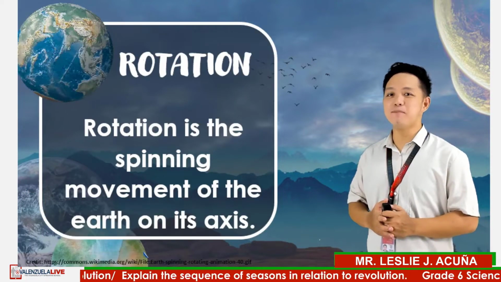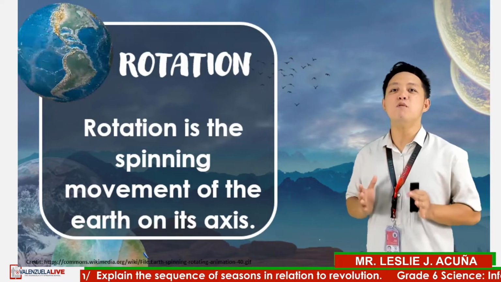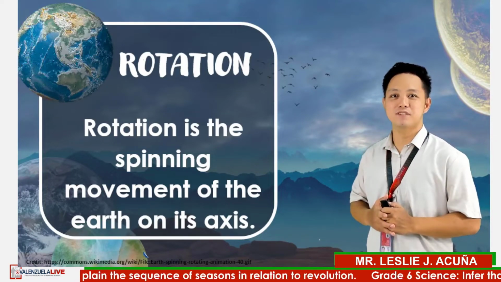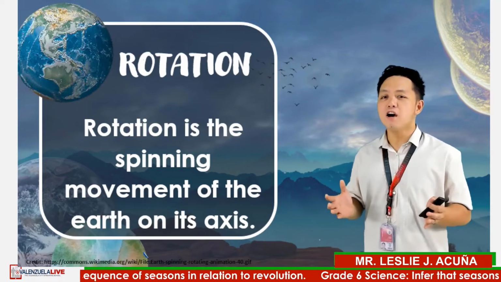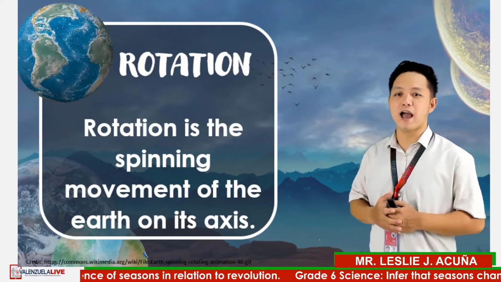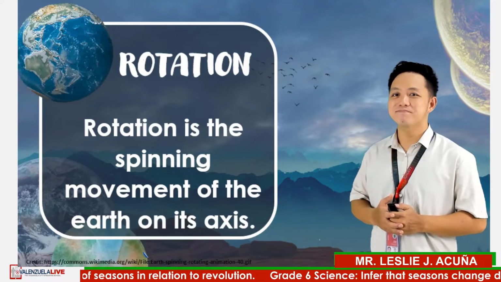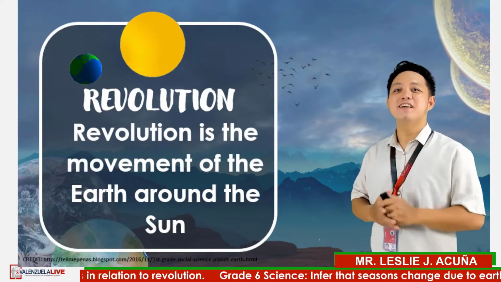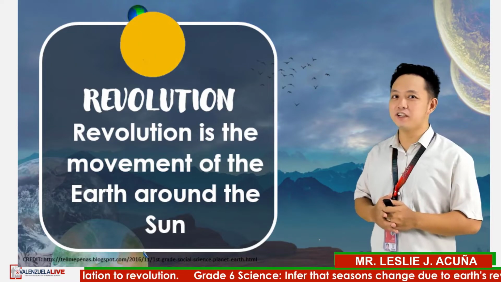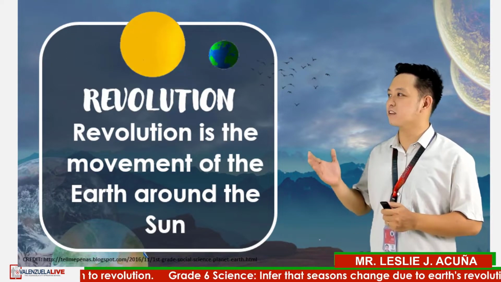Rotation and revolution are the two movements of the Earth. Again, rotation is the spinning movement of the Earth on its axis, while revolution is the movement of the Earth around the sun.